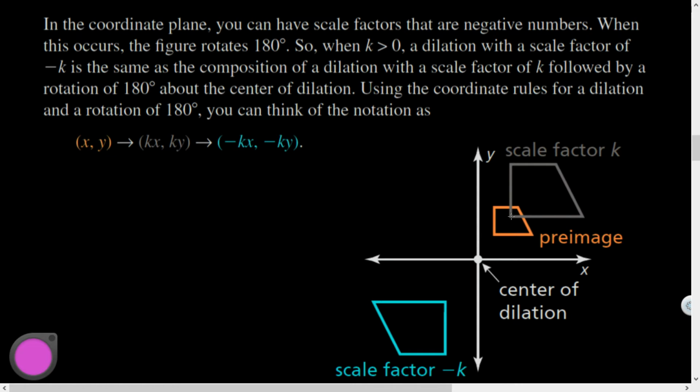Notice that it's a rotation, not a reflection about the line that would be perpendicular to those other ones. Good stuff. Using the coordinate rules for a dilation and a rotation of 180 degrees, you can think of the notation as this. But we're good. We know that. We get that.